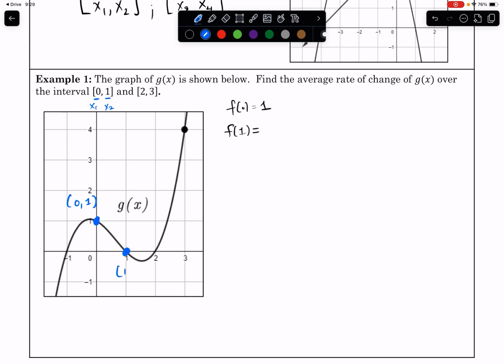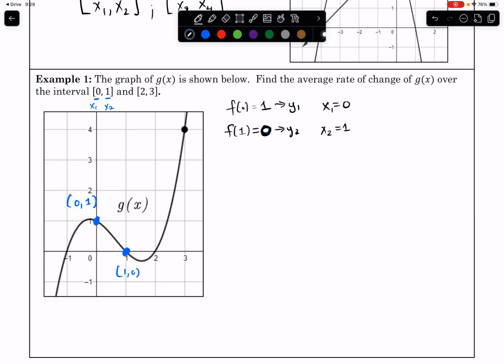So when x is equal to 1, the y value is equal to 0. So these are my y1 and my y2. My x1 is 0 and my x2 is 1. That again comes from this interval right here, my x1 and my x2. What we don't know is what the y values are, so we have to determine what the y values are at those corresponding plots, which we see again are (0, 1) and (1, 0).